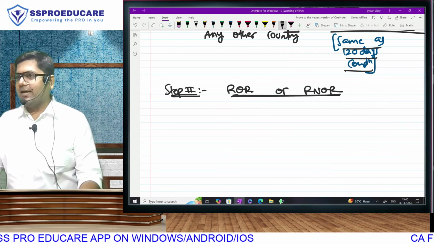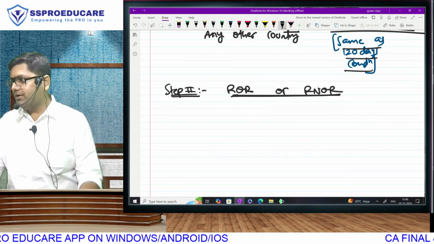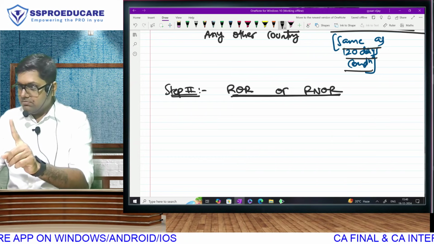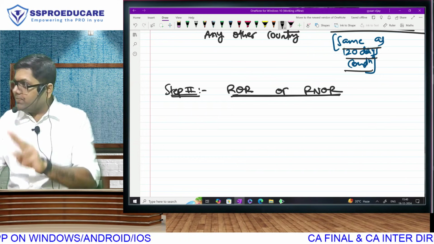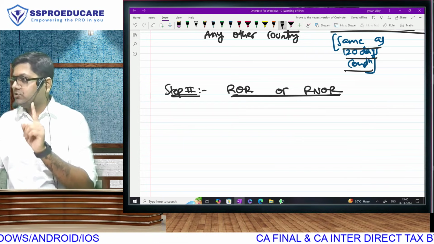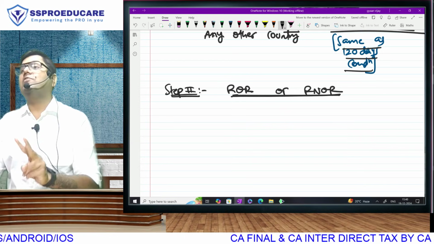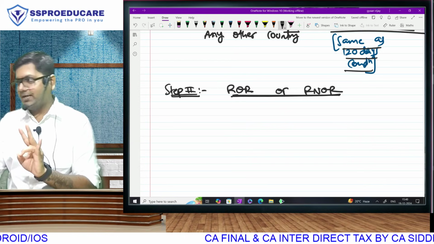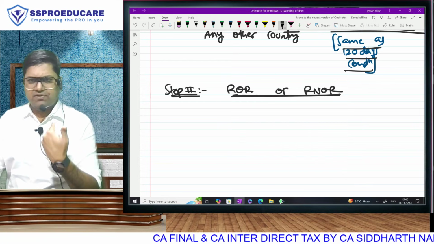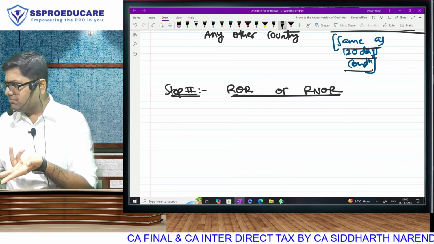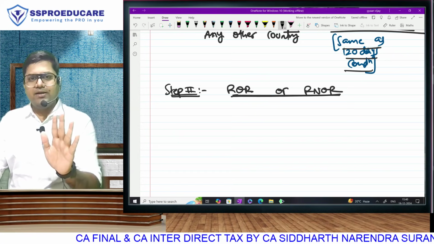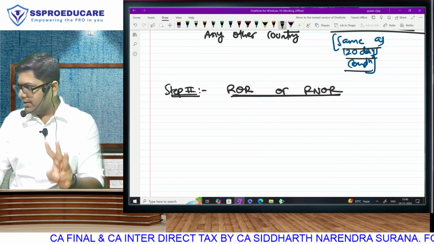RNOR will also pay tax on foreign incomes, but only if controlled from India. So the only difference between them is ROR will pay tax on Indian income, foreign income controlled from India, and foreign domestic income also. RNOR will pay tax on Indian income and foreign income only if controlled from India, that domestic income not taxable. And NR of course will pay tax only on Indian income. If the answer to step number 1 is non-resident, there is no step number 2. I hope you know that. Only Indian income will be taxable. Indian income will be taxable for ROR, RNOR, NR.